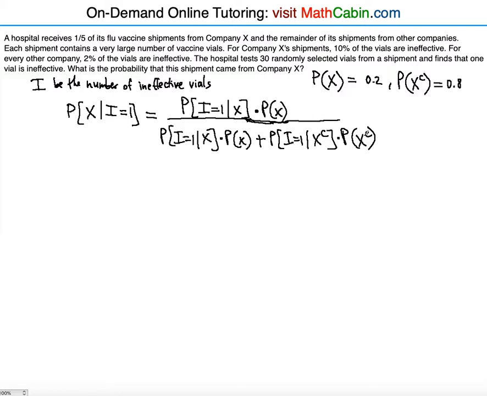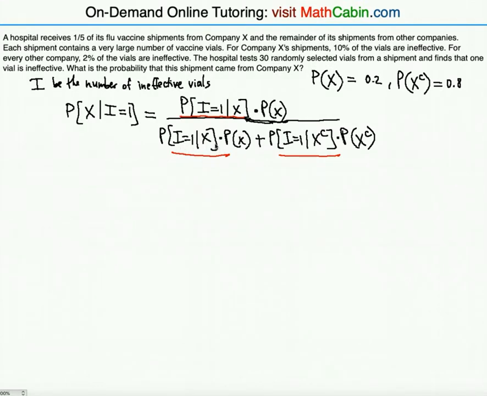And notice that so far we're only seeing the probability of X and probability of X complement that we found, but we need to find now these two parts. Okay, we already found the probability of X and the probability of X complement, so we need to find these two parts and then we'll be good.